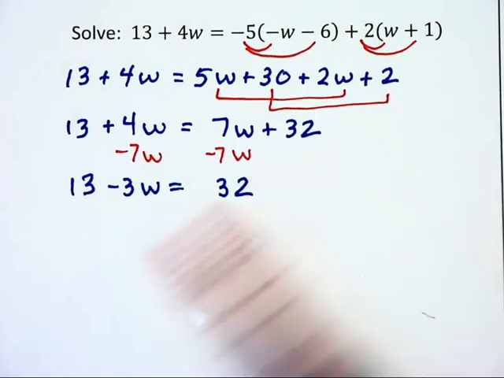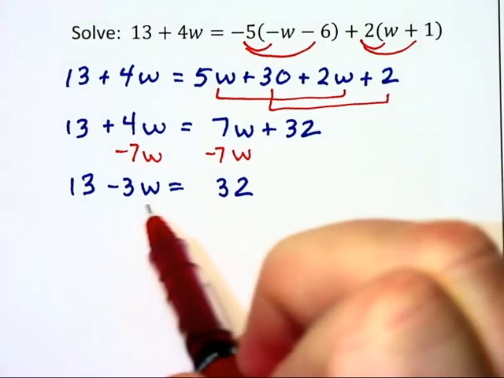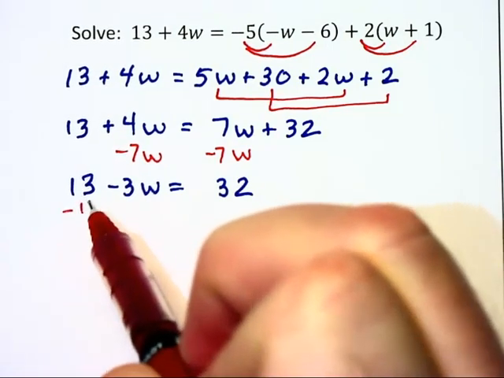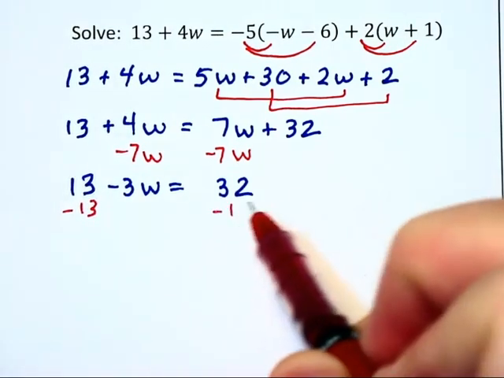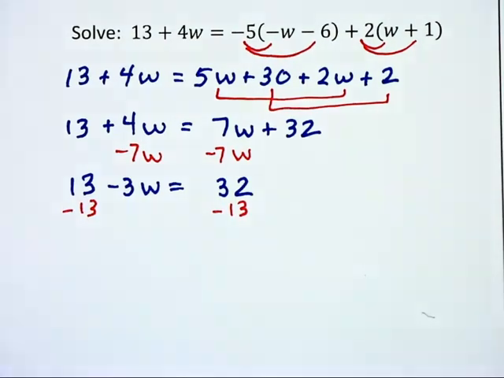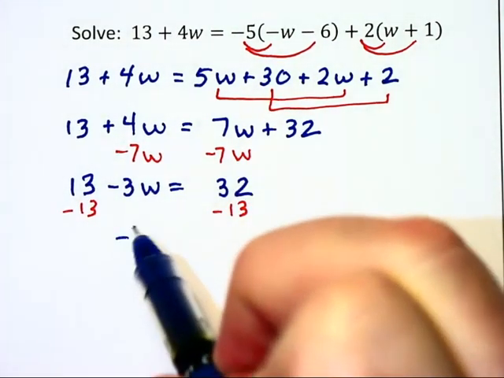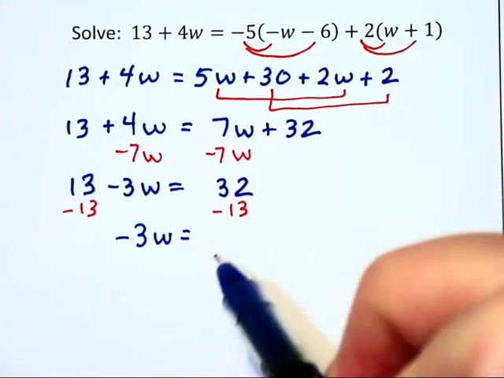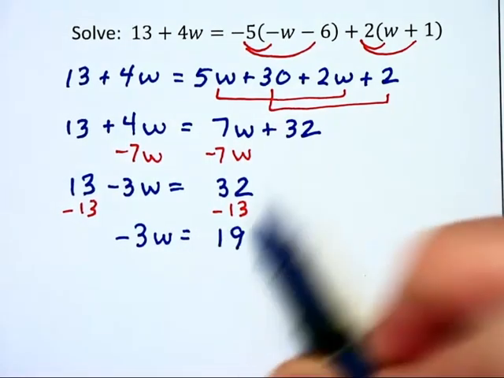Now usually we want to undo addition or subtraction to help isolate this w, and I'm going to begin by subtracting 13 from each side so that we can just have the minus 3w on the left by itself equal to 19 on the right.